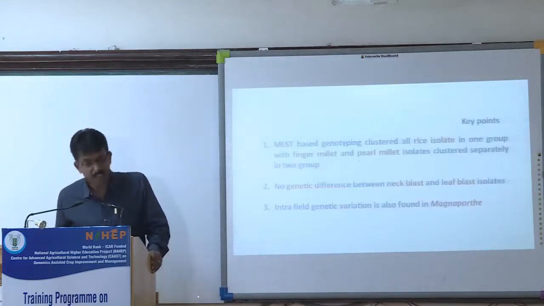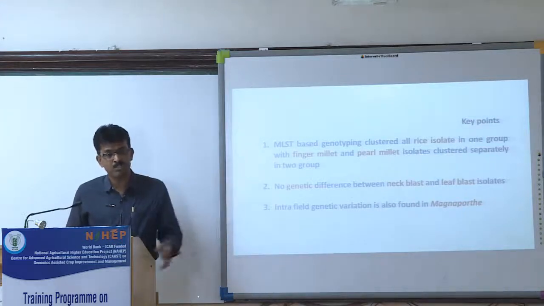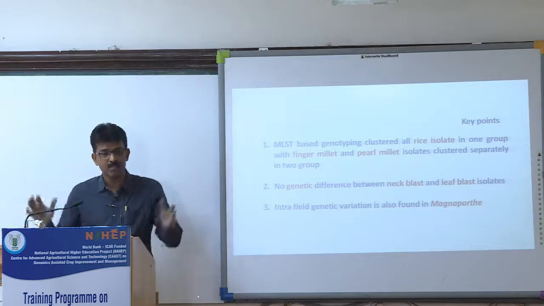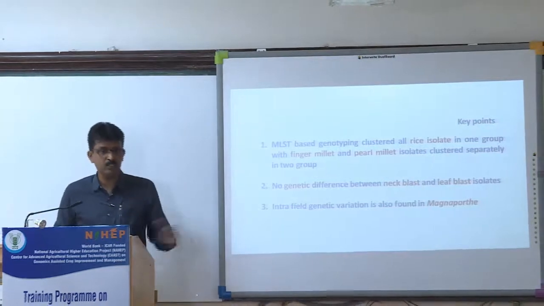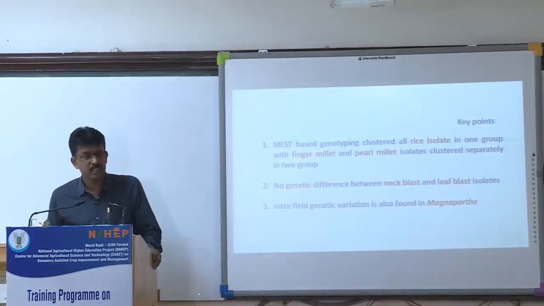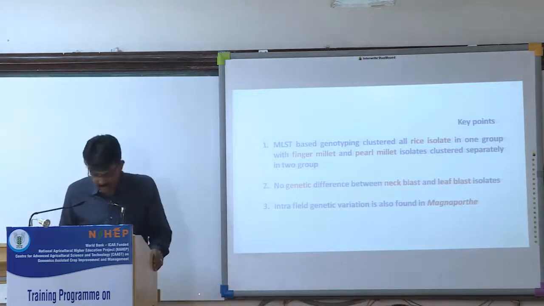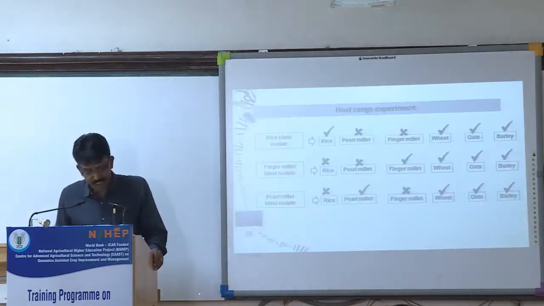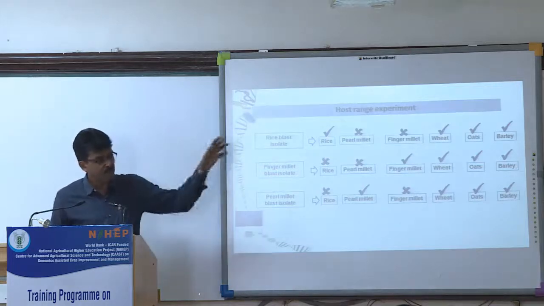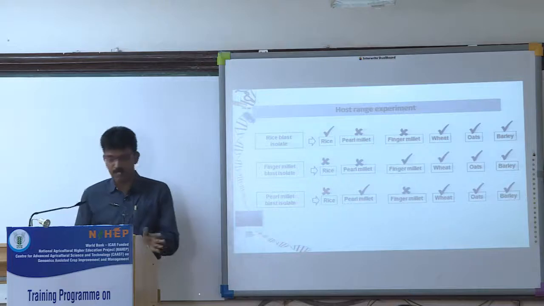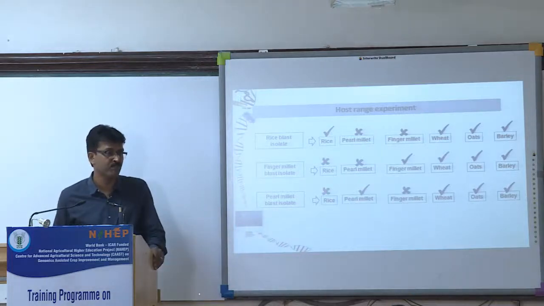Now, the question is, we found 3 broad clusters, and from allele information also we could see some kind of concordance emerging. Does it really reflect in the actual phenotyping? That is a big question. So, my colleague Dr. Prakash is working on that. What we found, we took the representative isolates and started working on host range experiments, right.